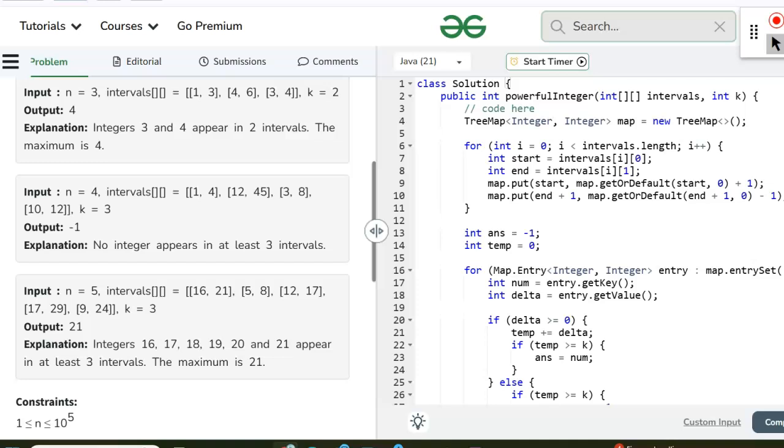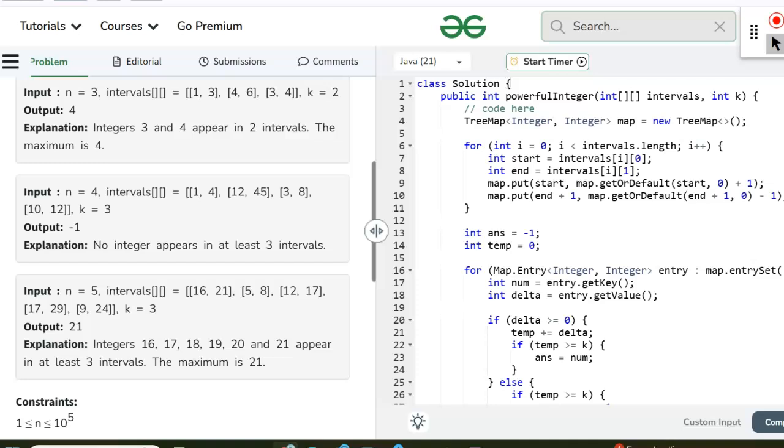As I was going to say, there's a common technique when working with intervals, and that is, well, I was going to say prefix sums, but we don't really need the entire prefix sum.